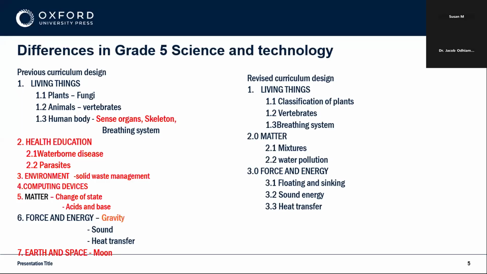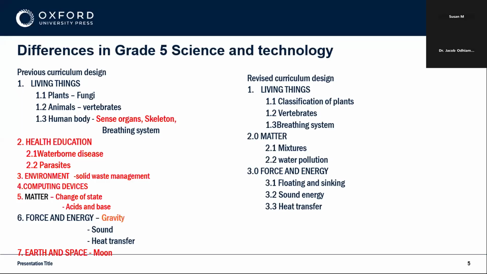Then in that previous curriculum design, or the old one, the ones highlighted in red have been removed. I may not need to go to each of them for the sake of time.